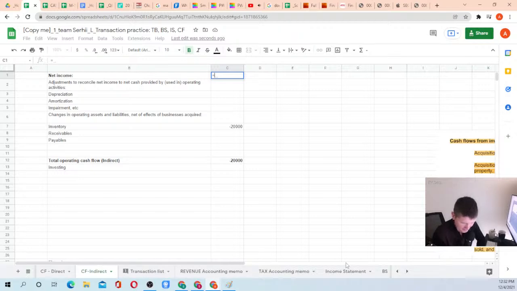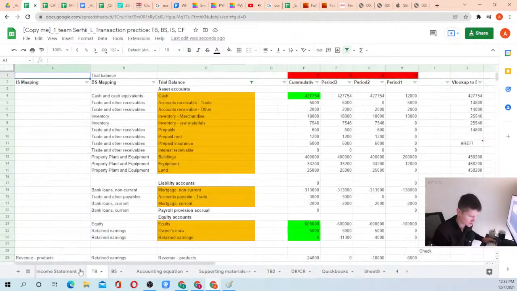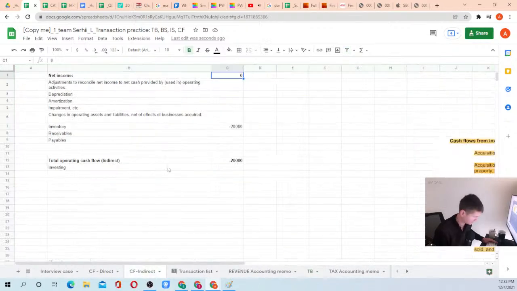And we take our net income from our trial balance. Yeah, let's use trial balance so far. At some point we might want to switch to the balance sheet and income statement, but let's use trial balance so far. Okay, where is our direct and indirect stuff? Okay, we have 0 here.